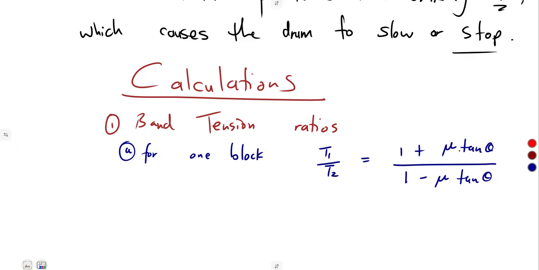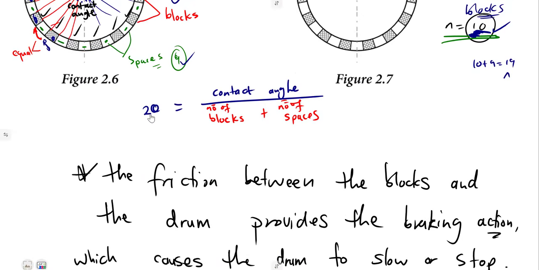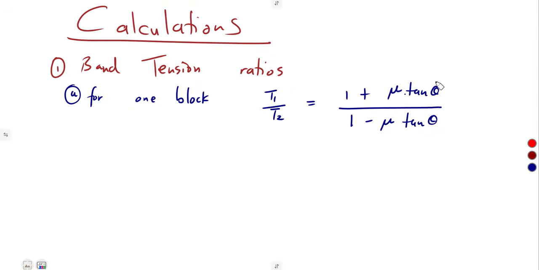But if the angle subtended is 2 theta, to find theta you must divide by 2. You don't use it as it is. So theta represents a half angle. And we know the coefficient of friction.